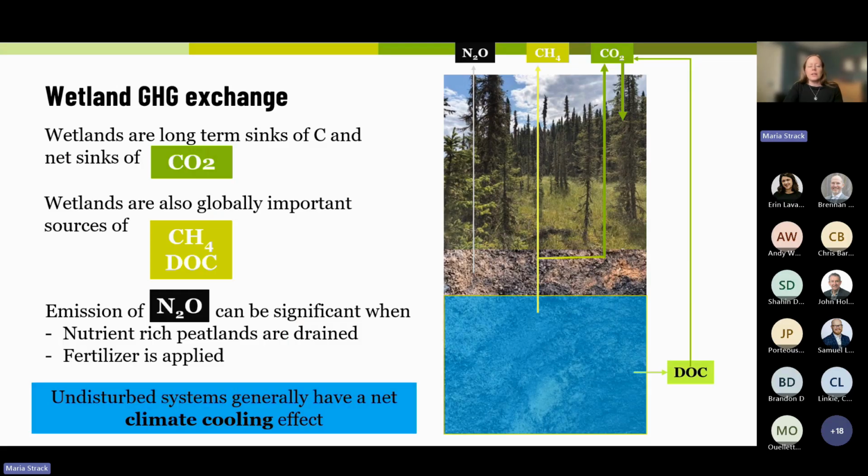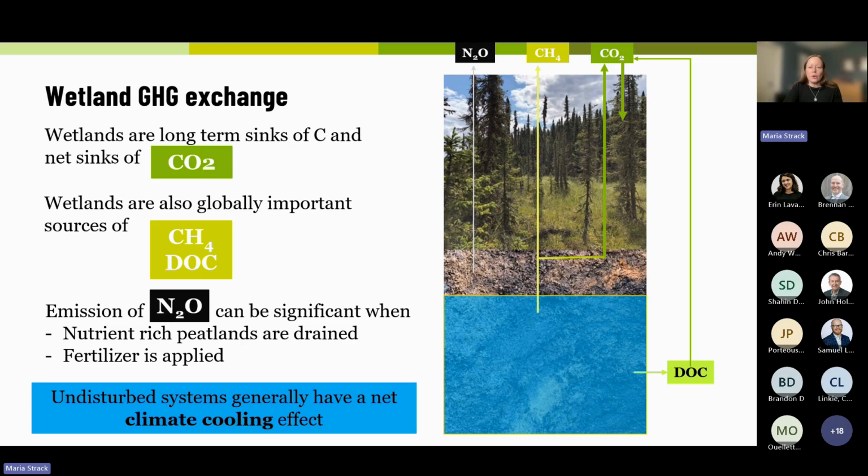And so when we think about the potential for wetlands to contribute to climate action, we have to think about that carbon storage, but they also exchange other greenhouse gases that we need to take into consideration. And so this is a bit of a wetland greenhouse gas exchange 101 to put that into perspective.